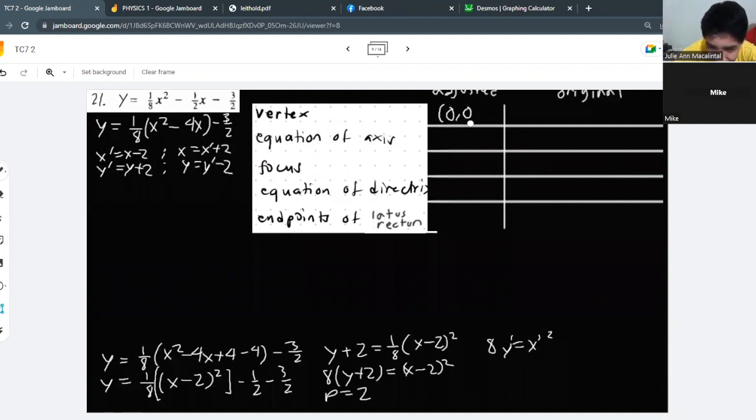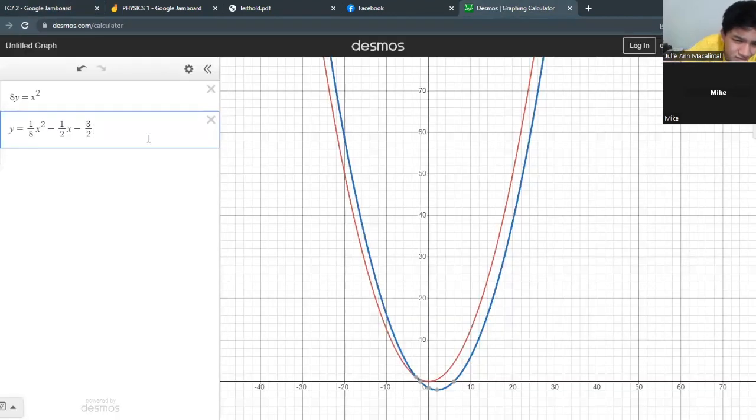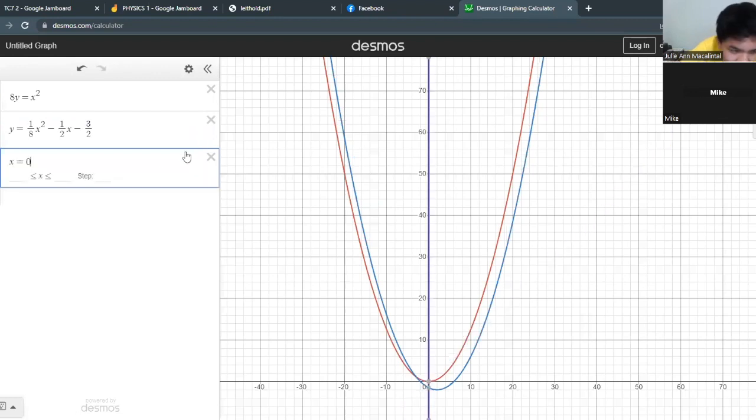Okay, now graph x prime equals 0 and y prime equals 0. So x equals 0, y equals 0. That is the old axis, that is the x prime and y prime axis, right? So now let's graph the old axis.